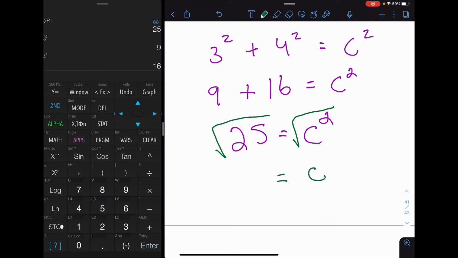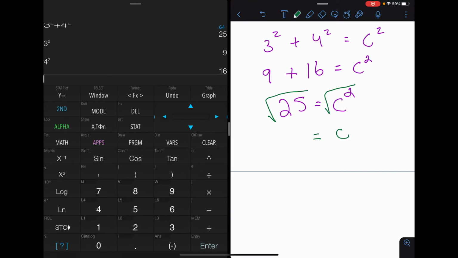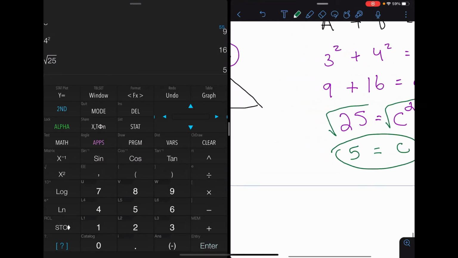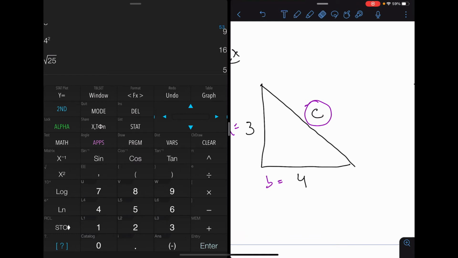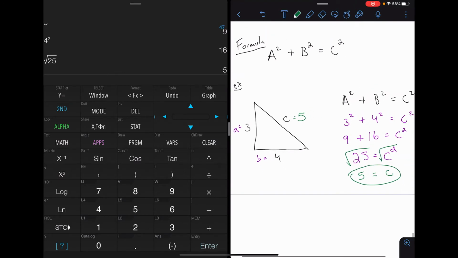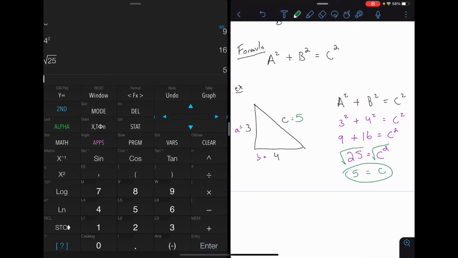This is c. And then I just put it into my calculator. Second square root 25, and my answer is 5. So c equals 5. And this is how you use the Pythagorean theorem.